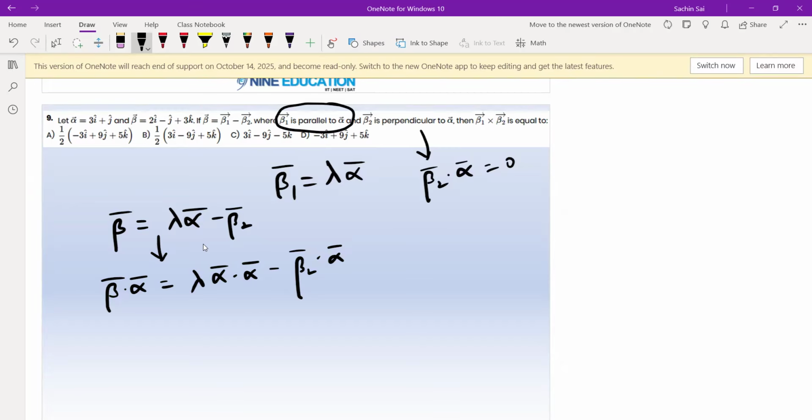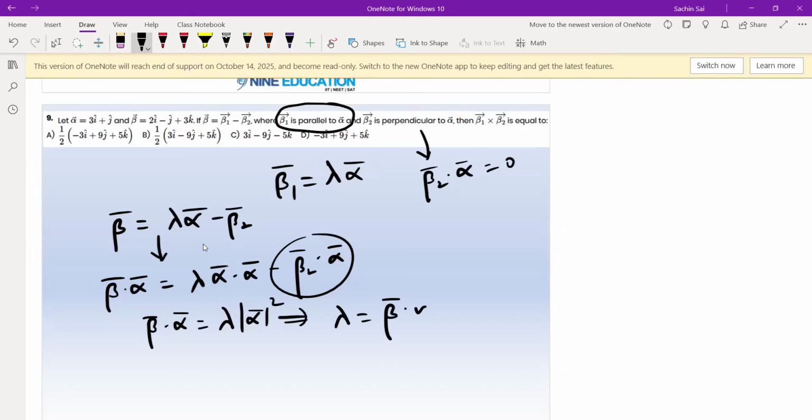Now we know that beta 2 dot alpha is 0, which means beta dot alpha equals lambda times mod alpha square, right? So from here, you will get the value of lambda. Lambda is nothing but beta dot alpha by mod alpha square.